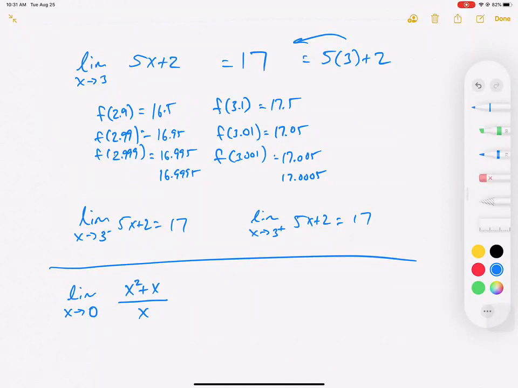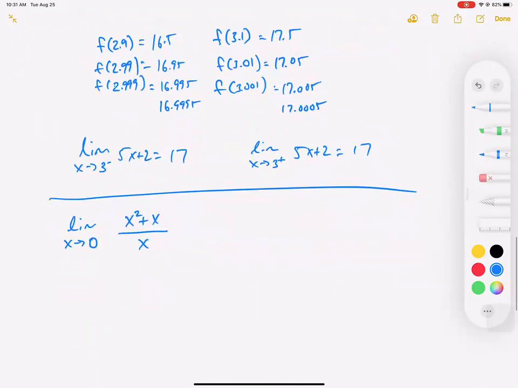Okay, so if we followed our previous rule and just plug it in and see what happens, 0 squared plus 0 over 0 is undefined. Not only is it undefined, it's 0 over 0, which is a special term called indeterminate.